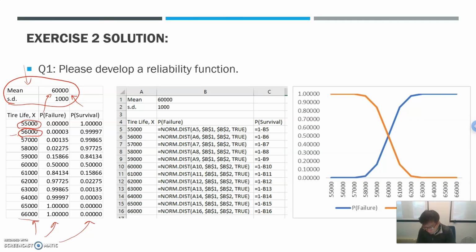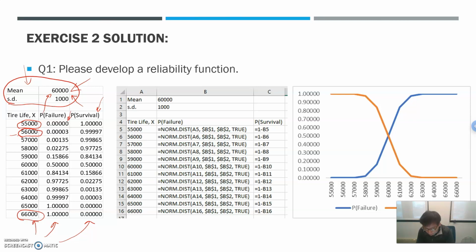So almost certainly you will experience failure when your tire is at 66,000 miles. And this is a reliability, which sometimes can also be called the probability of survival. It's nothing but 1 minus the failure rate. Let's take a look at how we can interpret this.